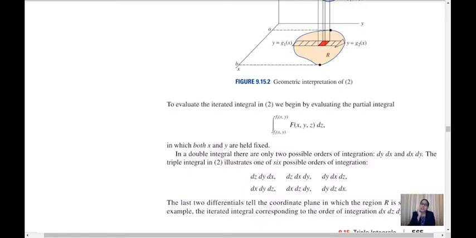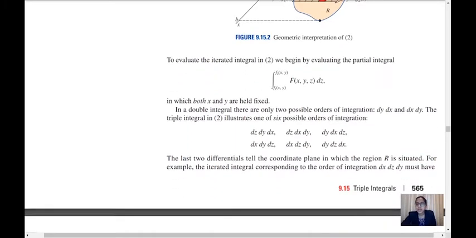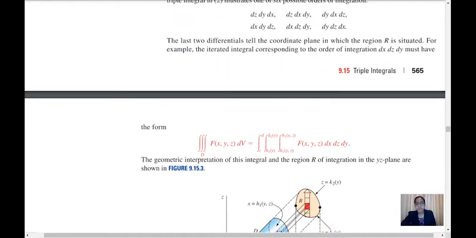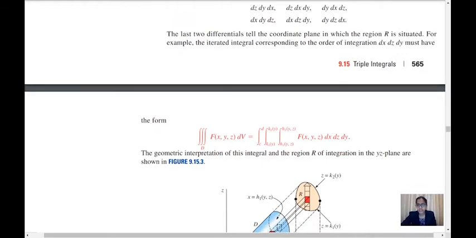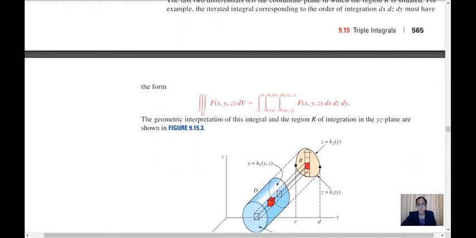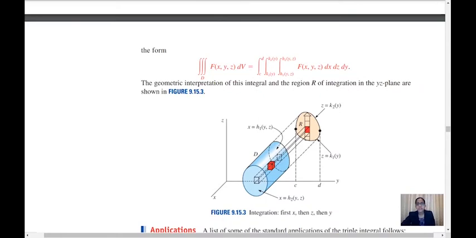Here they are just explaining it. Here we had discussed dz, dy and dx. In this case, if the projection is onto the yz plane, this is how it comes out. This is our region in 3-space D, figure 9.15.3, which is what I'm referring to. We are projecting it onto the yz plane.